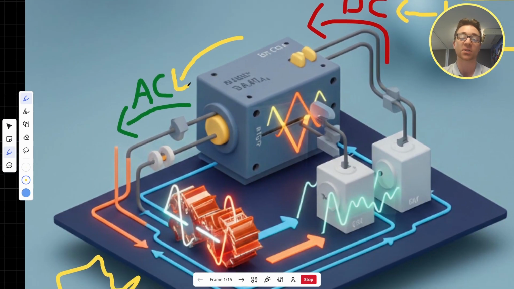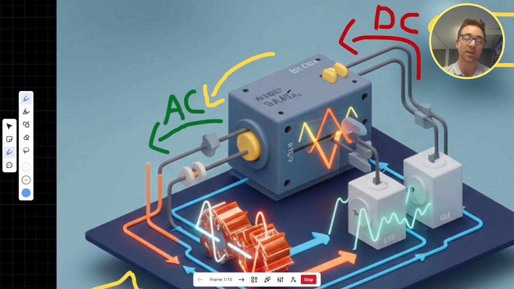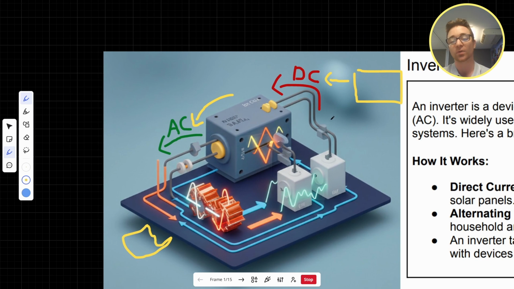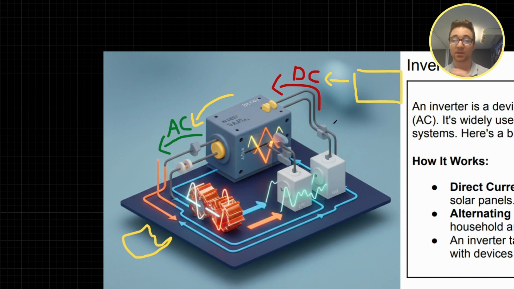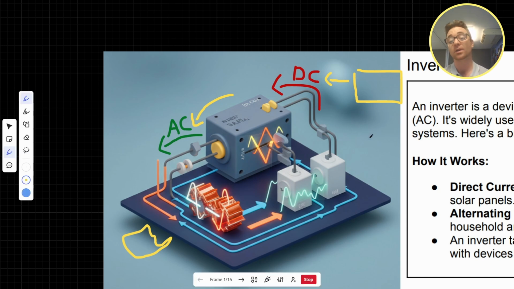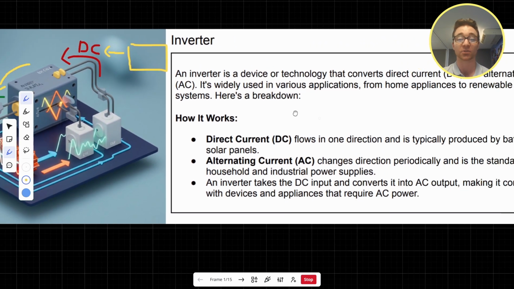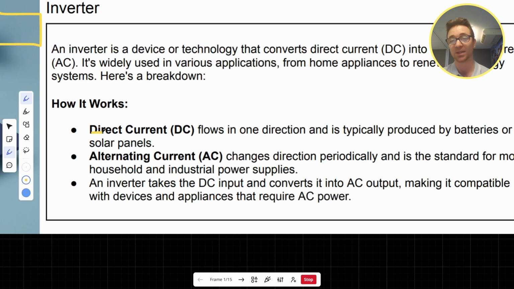So an inverter essentially takes that direct current and it turns it into alternating current, which is safe for your computer to use as a source of power. Long story short, that's what you need to know. It takes the power from the wall, which is direct current, and translates it into alternating current, making it a usable form of electricity that is safe and won't explode.